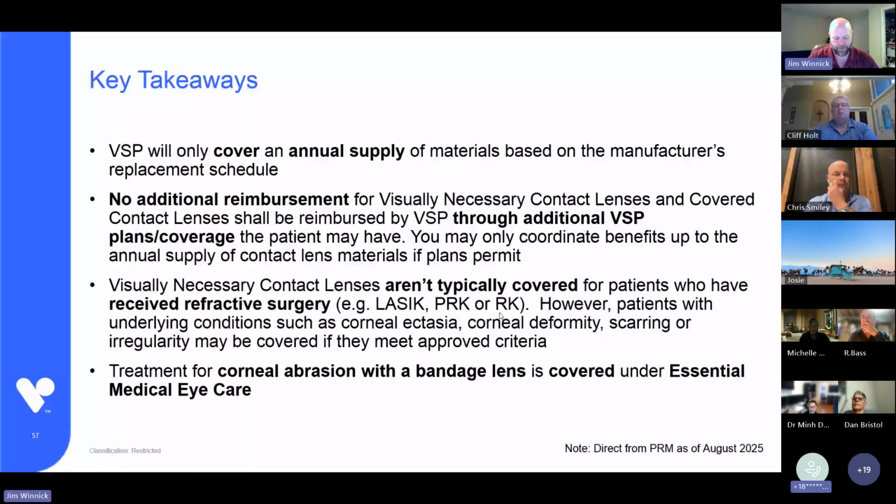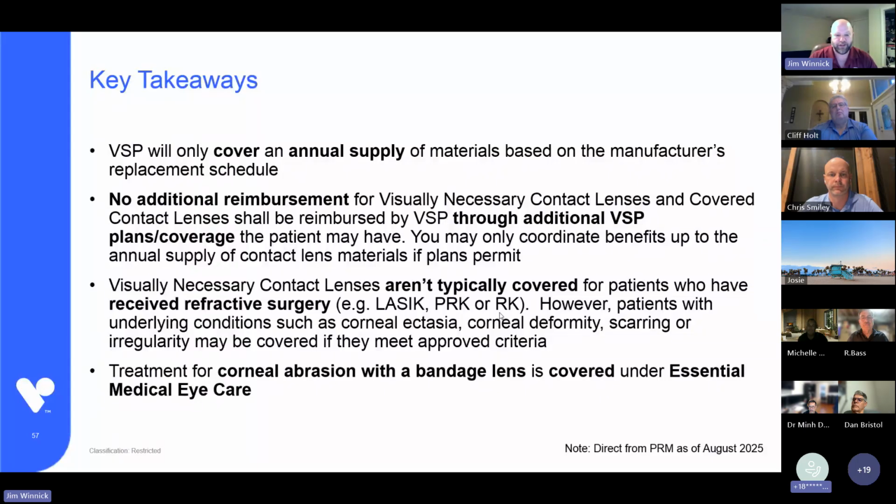Just play it straight and narrow as you would with somebody without coverage for your appropriate fitting fee, which should be a higher fee in your fee table because of the complexity and lens use, but it should be the same fee for everybody. And again, you can't use these programs for post-refractive surgery patients, for the straight I had LASIK, PRK, or RK.